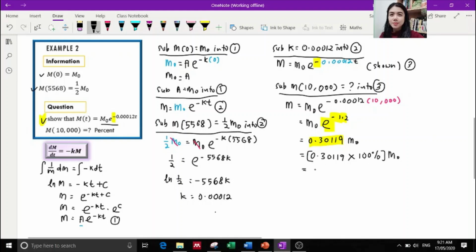So this basically gives you 30.119%. Okay, so it means that the percentage mass of carbon 14 after 10,000 years is actually 30.119%.